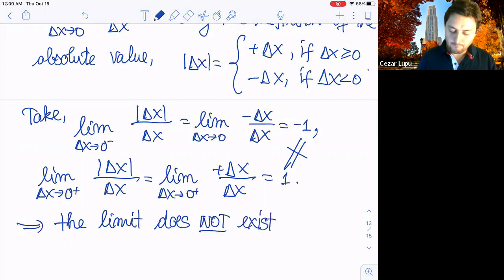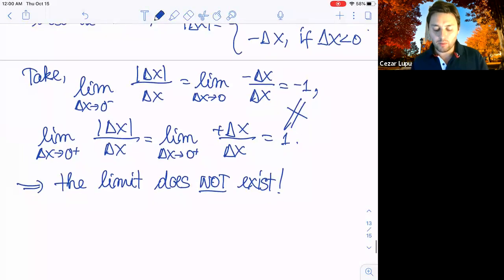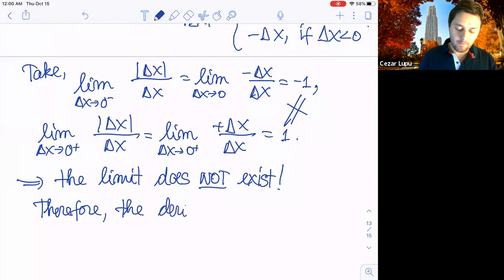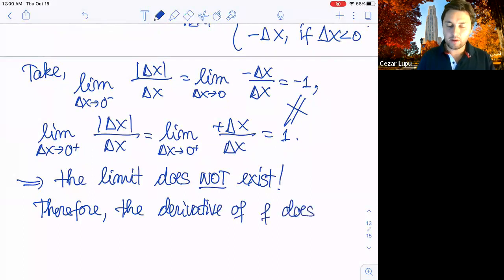And so we can say that the derivative of f does not exist at x equals 0.